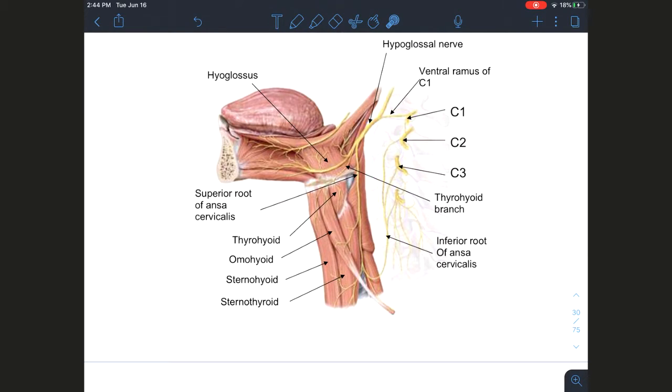The superior root here is what runs with the external jugular. And then it's going to loop right around, and then you have the inferior root. And that inferior root, what's important to know, the superior root runs with the hypoglossal root. Sorry, I'm trying to see here. Go back to the beginning slide, Aaron.